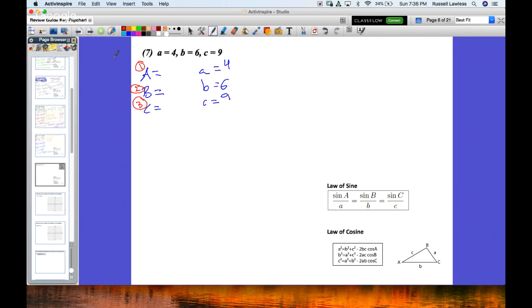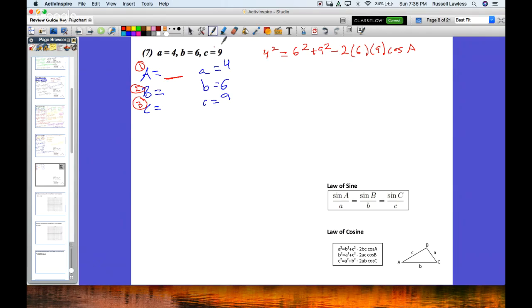So what we got to do is first find angle A, because that is across from the shortest side. So A squared, which in this case will be 4 squared, is equal to 6 squared plus 9 squared minus 2 times 6 times 9 times the cosine of A.